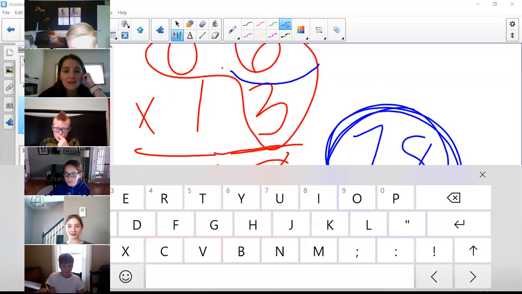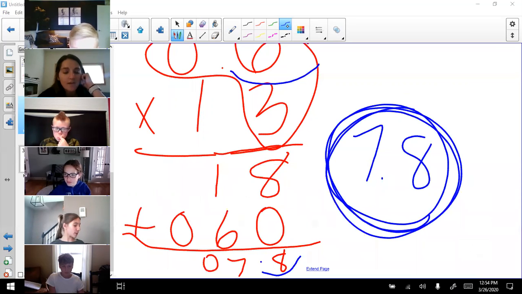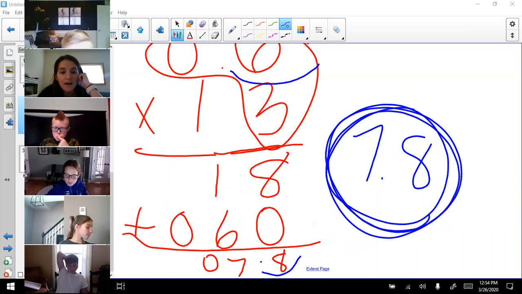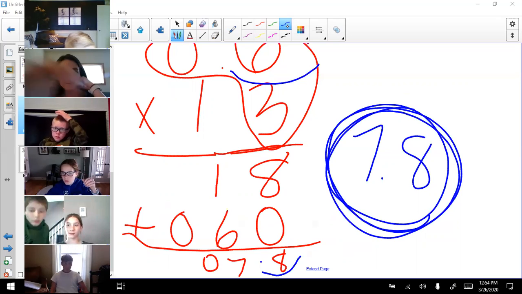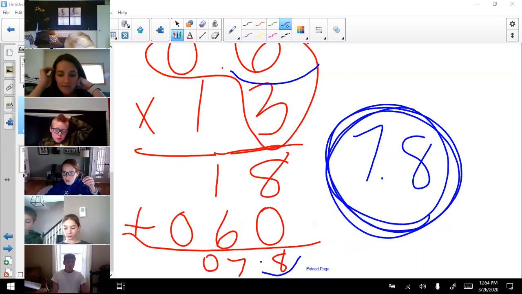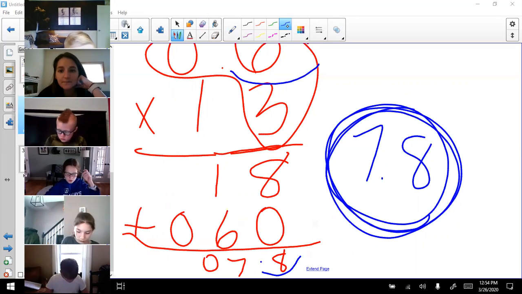Send me the message privately with the answer to the problem, and then we'll go from there. That will be your exit slip. Once I've said, yep, you're good to go, then you are free to exit, or if you'd like to stay online, I can answer some questions. The exit slip today is number 8. Did you say number 8? Correct, number 8 on page 269.